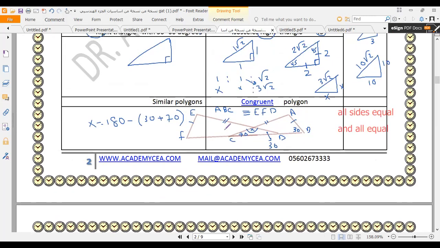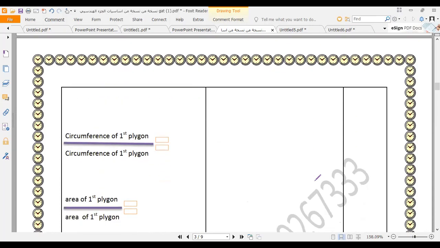We have similar polygons. What is the meaning of similar polygon? The words similar polygon here mean they do not have equal sides and equal angles, but there is a ratio between the sides. For example, I'll explain it here.